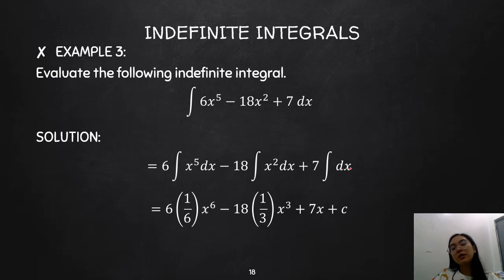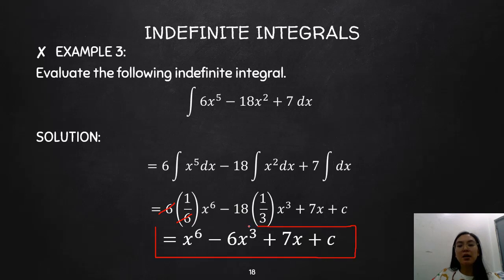And of course, the integral of dx, kasi alam mo na may function dyan, dx is x lang siya. Plus, of course, your constant. Such that, if you simplify this equation, you will get this answer. So, of course, magka-cancel yan. 18 divided by 3 is 6. So, you will get x raised to 6 minus 6x cubed plus 7x plus c.